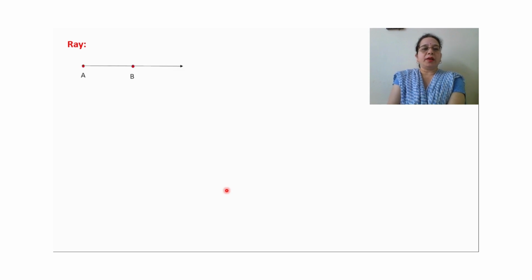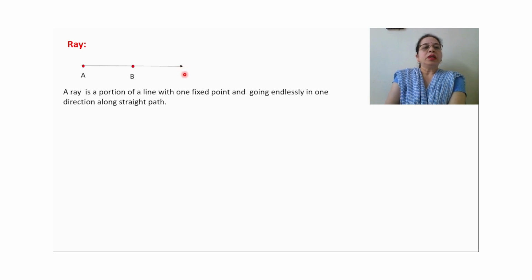Now come to the ray. This is the figure of a ray. Ray, everybody knows, only one arrow. So a ray is also a portion of a line with one fixed point. Here you can see that we have one fixed point and it goes endlessly in one direction. So one direction we can extend the ray. The symbol is one arrow.